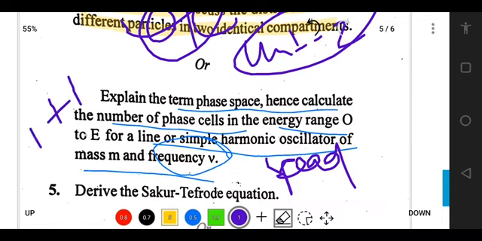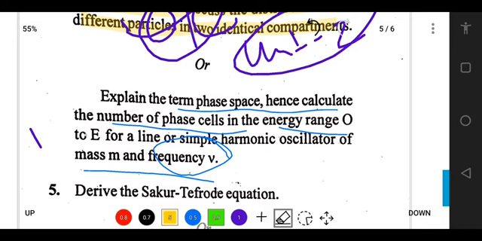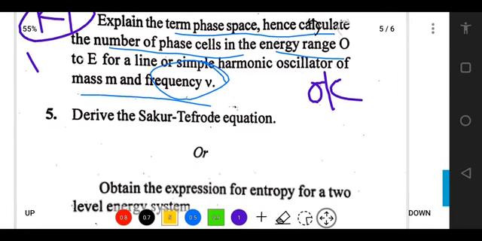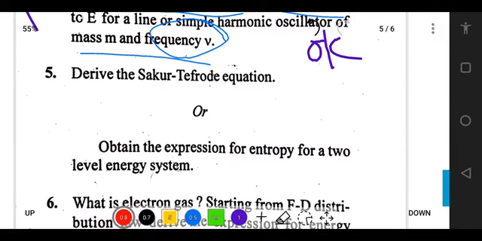Read it from KP, the Kalyani Publication book, refer to that. Then it asks to derive Saha's ionization equation.